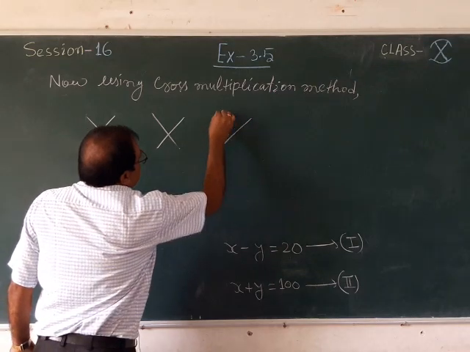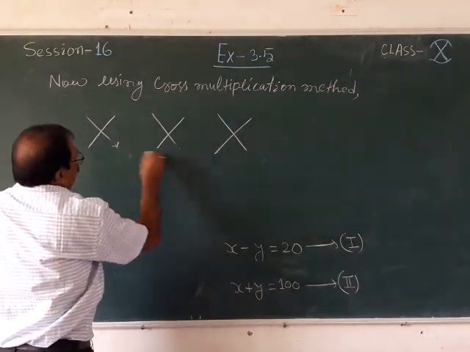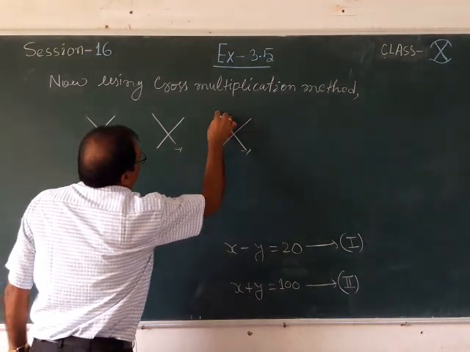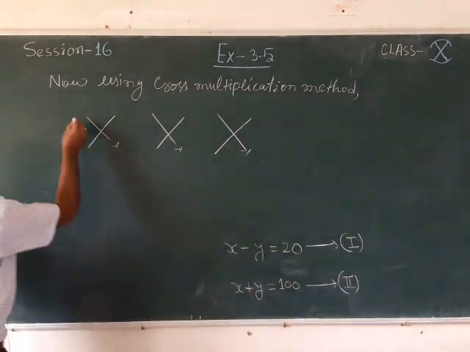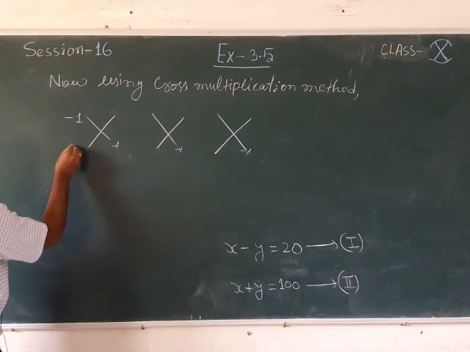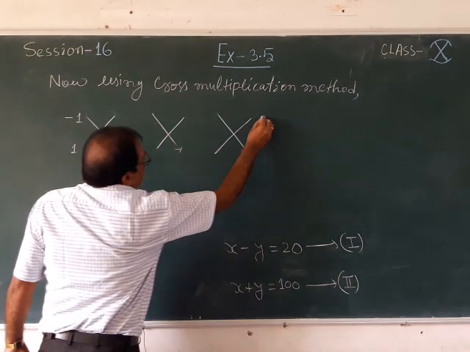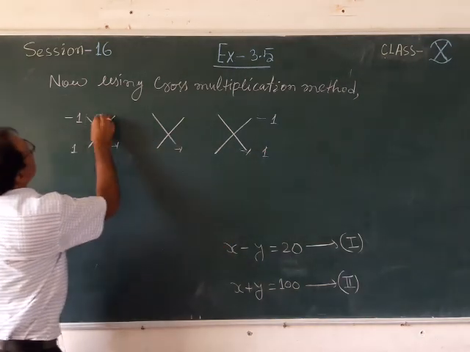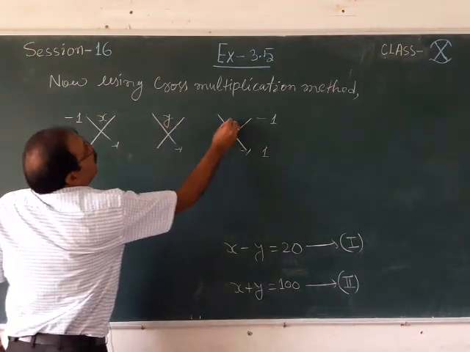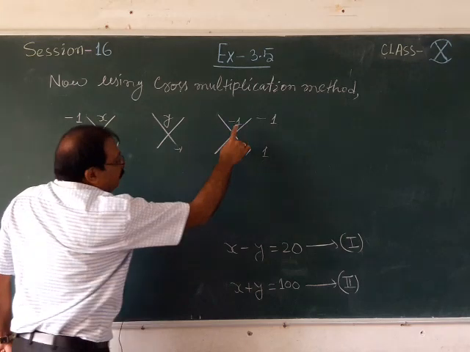Just you can see what we need to do in the cross multiplication method. First of all I need to write the values of b1 and b2. b1 is minus 1 and b2 is 1. So on both sides I will write minus 1 and 1, and here I need to write x, y, and here -1. Why -1?